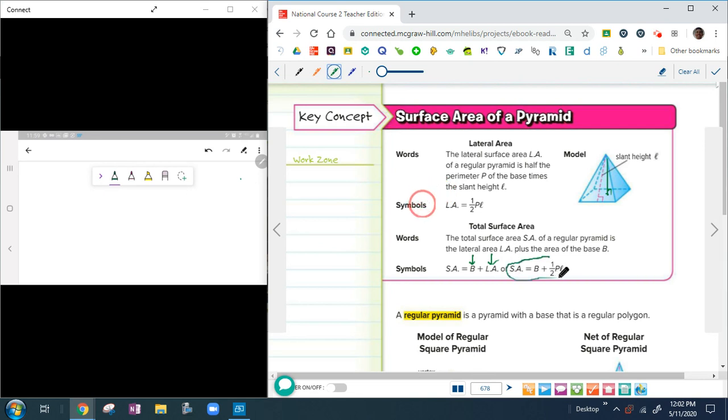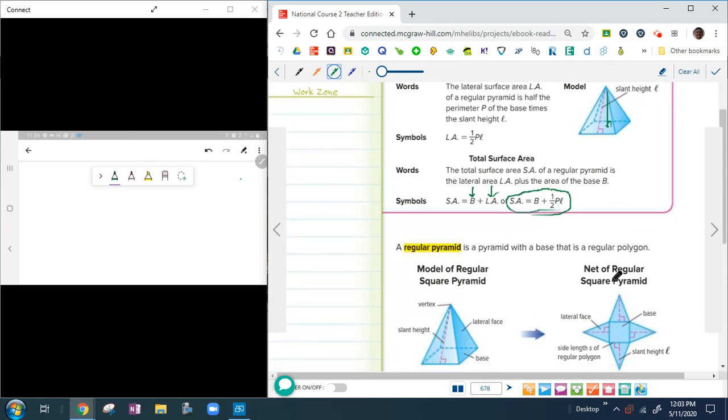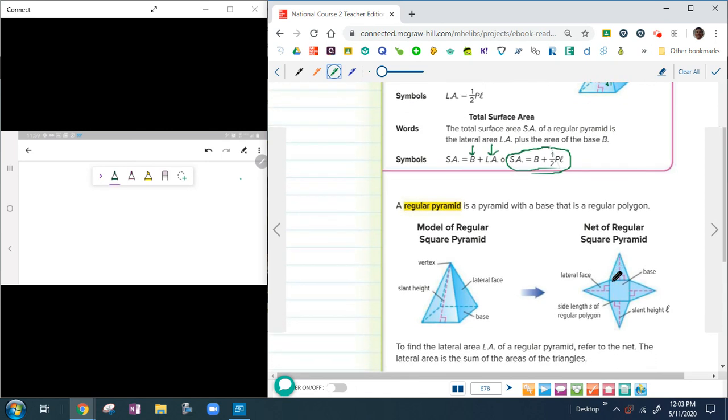You're going to have to practice using this formula, where big B, just like in our volume formulas, is the area of the base. Then we add half of capital P, the perimeter of the base, multiplied by the slant height. It's going to take some practice, but I think you'll be capable of doing it.